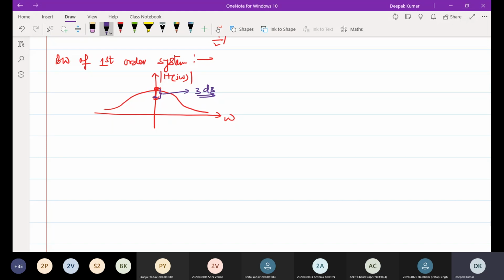And with this decrease, what will be the frequency? Here, this is called bandwidth.